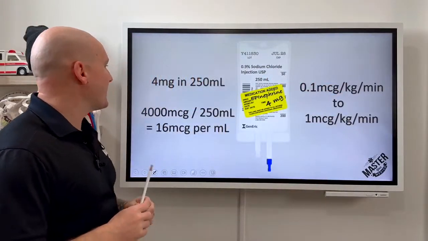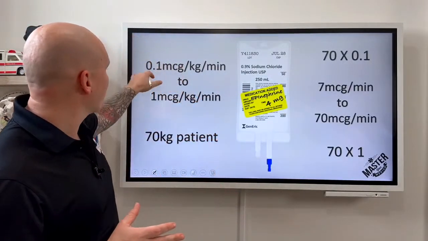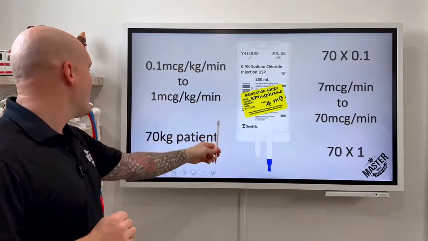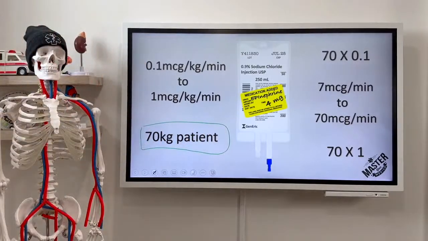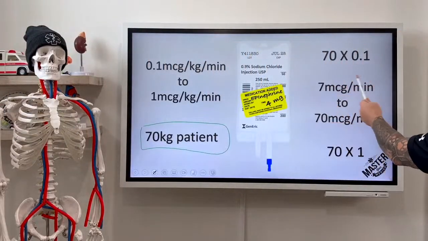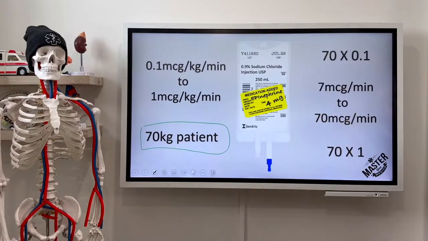Now let's talk about what that looks like practically. So 0.1 micrograms per kilogram, let's use that first. Let's say our patient is 70 kilos. With a 70 kilogram patient, our minimum dose is going to be 7 micrograms per minute, up to our maximum dose of 70 micrograms per minute.